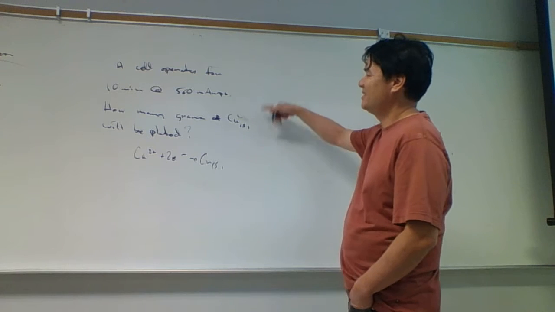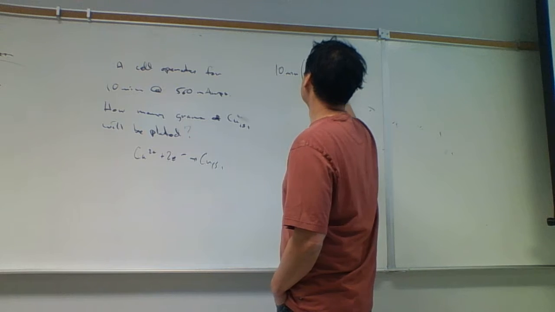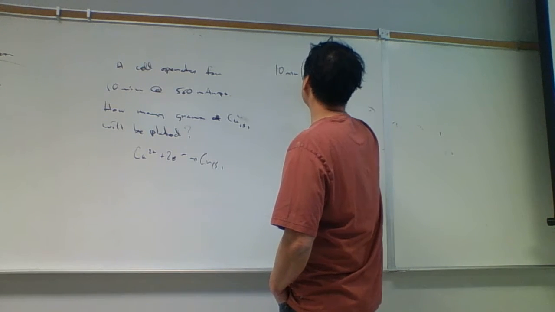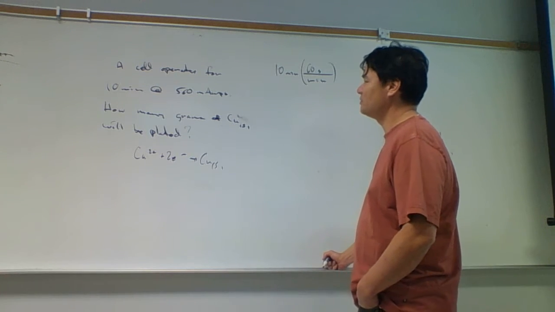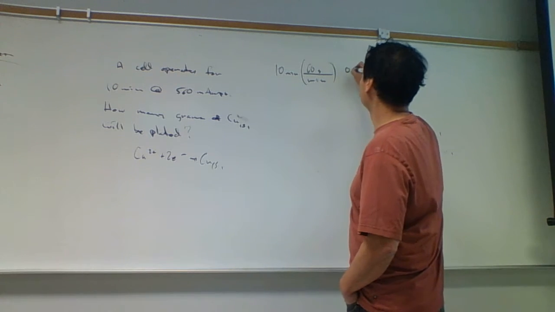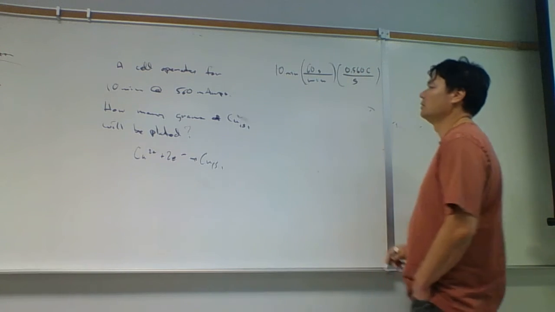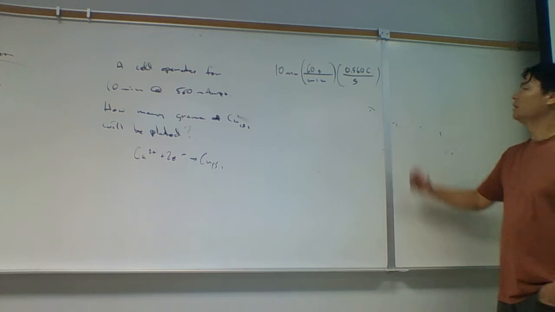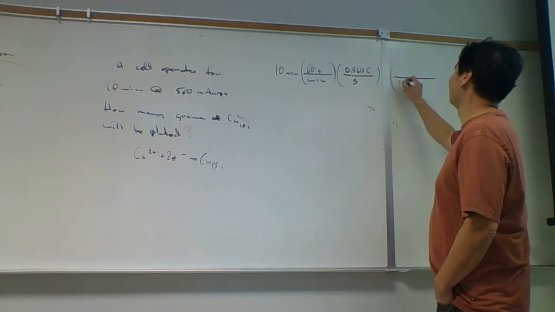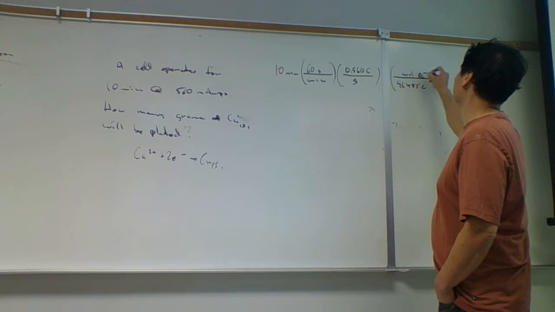And so in this example, we have 10 minutes. We'll convert this into seconds, 60 seconds per minute. And then we'll use the amps. 560 milliamps is 0.560 amps. 0.560 amps is 0.560 coulombs per second. And then we know from Faraday's constant 96,485 coulombs of charge for every mole of electrons.